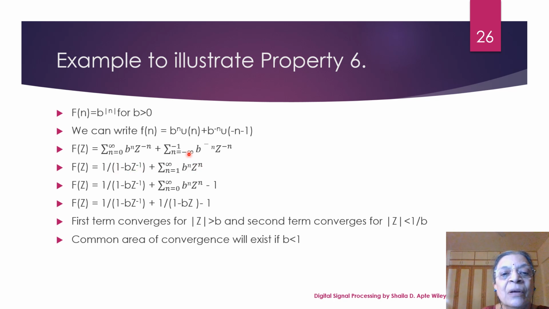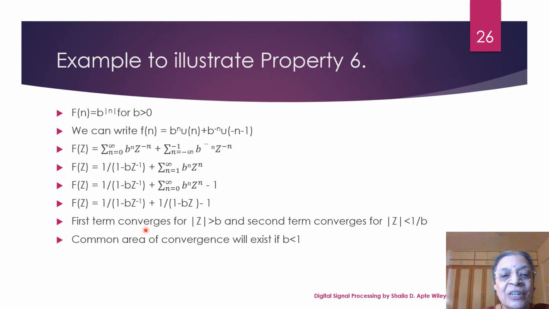Now for the second summation, if I change the limits to n equal to 1 to infinity, I will have to change the power sign, so I will write it as b raised to n z raised to n. Again, this n equal to 1 to infinity, I will write as the summation n varying from 0 to infinity and then minus 1, which exists for n equal to 0.